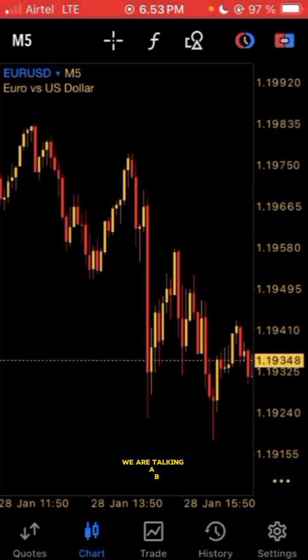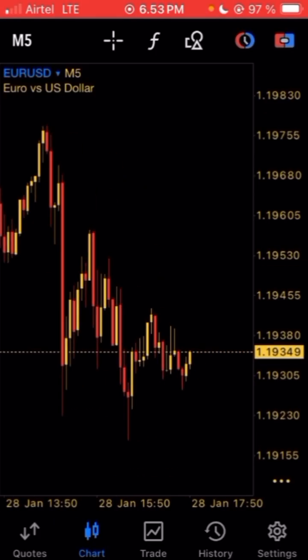Now that's all for setups. We are talking about the minor candlestick patterns and the major candlestick patterns here. Now let's move on to the fourth thing, which is your point of interest or zones of interest. For the advanced price action, your zones of interest are not just your support and resistance. We have that as well on the APA. Support and resistance, we have the institutional zones, the fair value gaps, the inverted fair value gap, the demand zone, the supply zone, the consumption level, the distribution level, and the manipulation level.